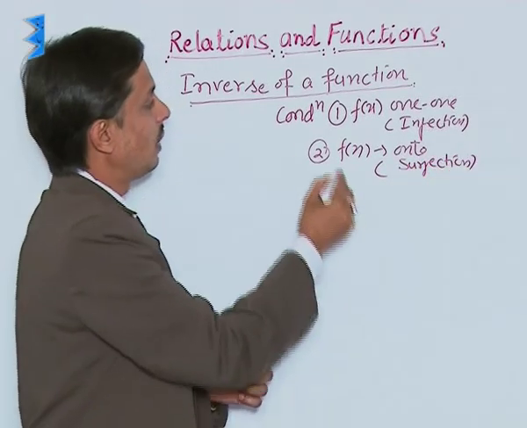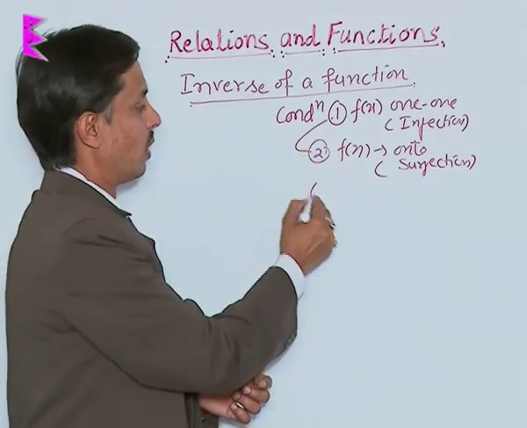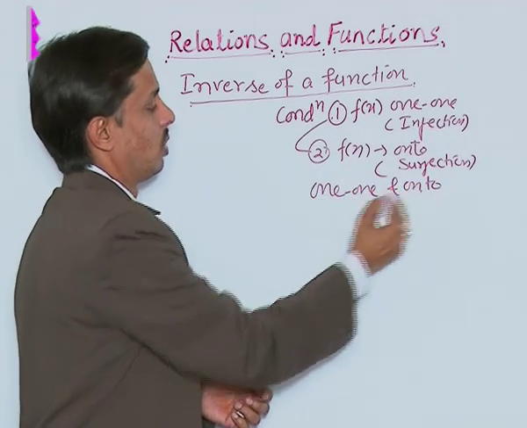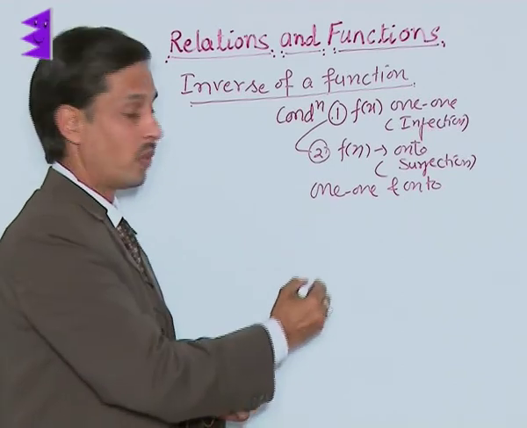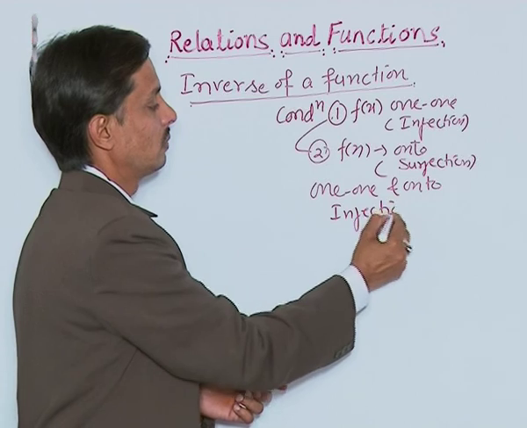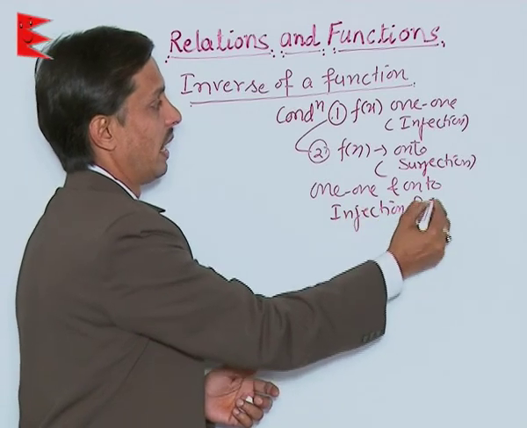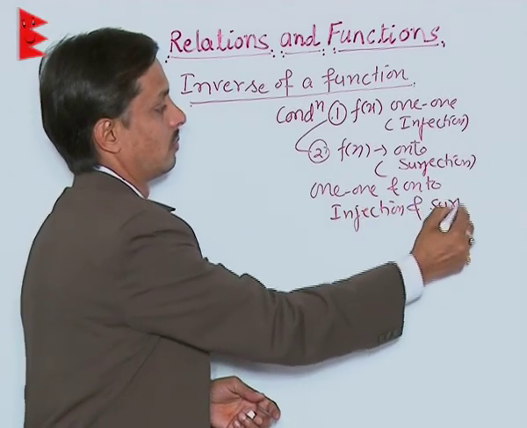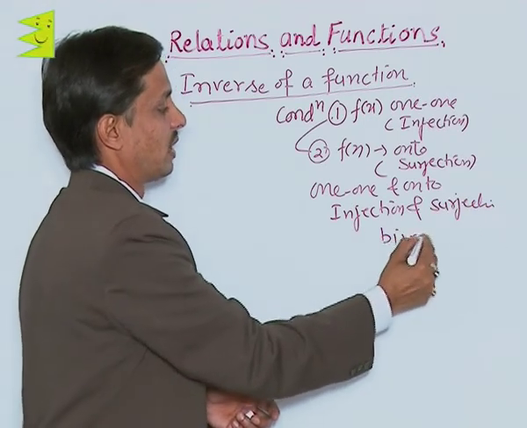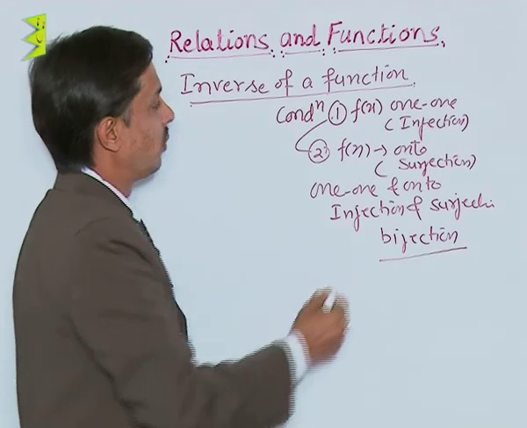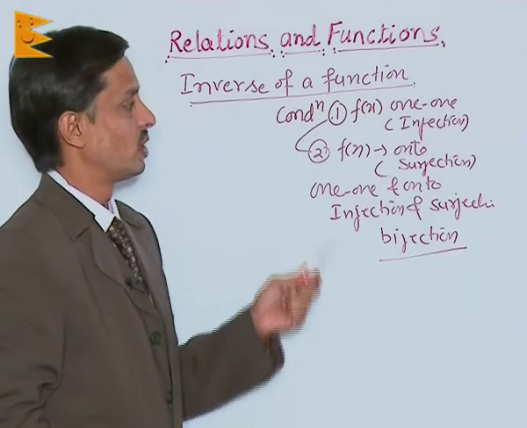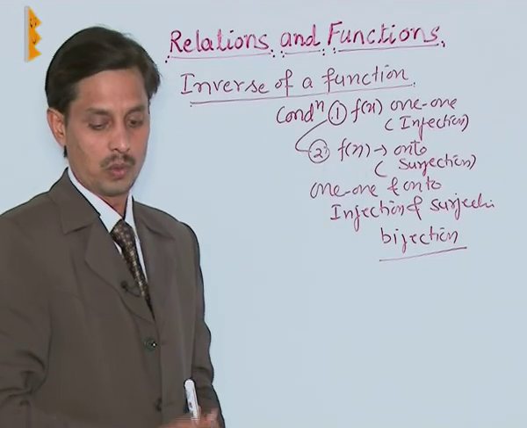So ultimately, if a function is both 1-1 and onto, or we can say the function is injection and surjection, we call it bijection. So the inverse can be calculated only for those functions which are 1-1 and onto.